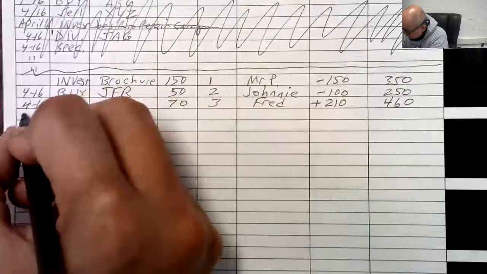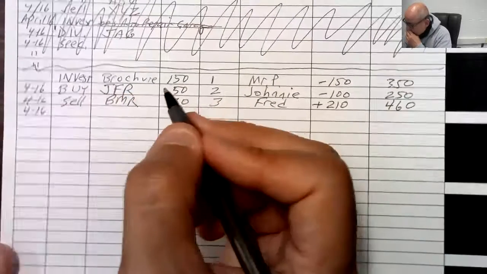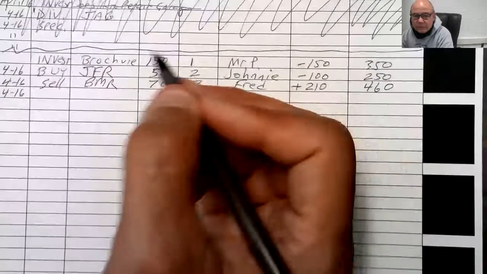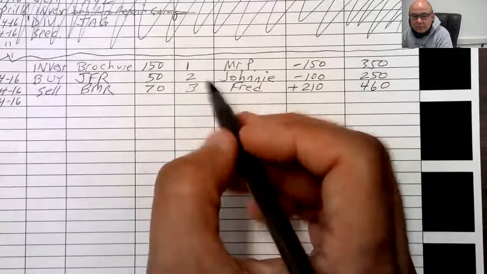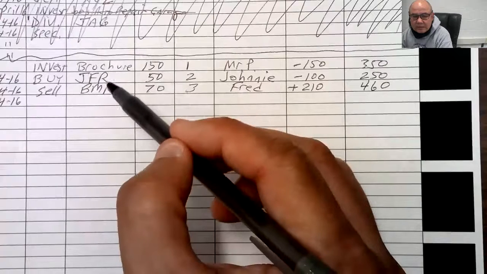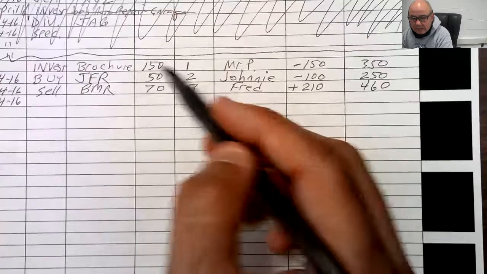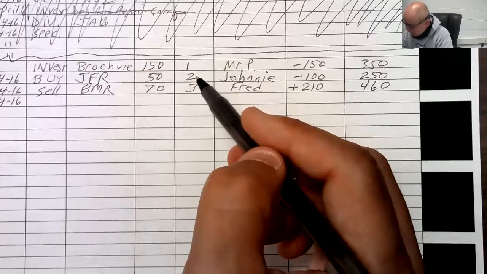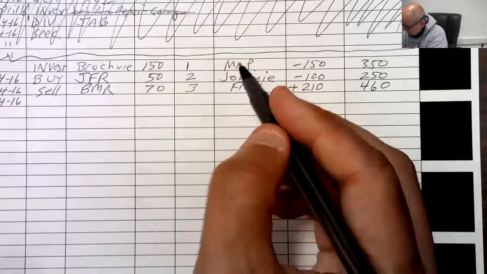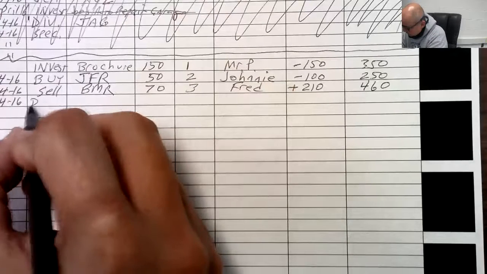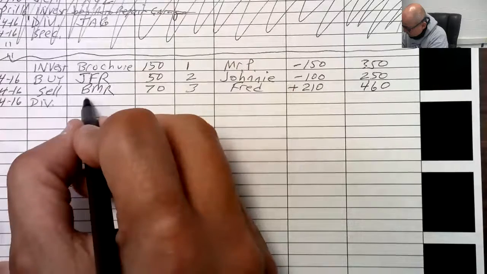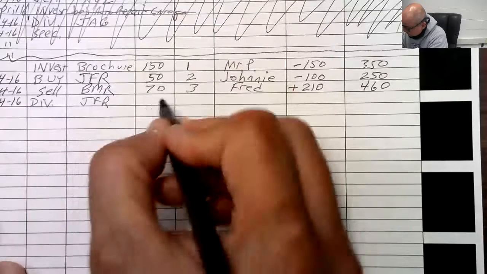Now, let's do another one. Let's say that Mr. P yells out that we're going to do a profit dividend for JFR stock. I own 2 shares of JFR stock because I just bought them from Johnny. Let's say it's going to be a $10 dividend. So I'm going to write down DIV, dividend, for JFR, $10.